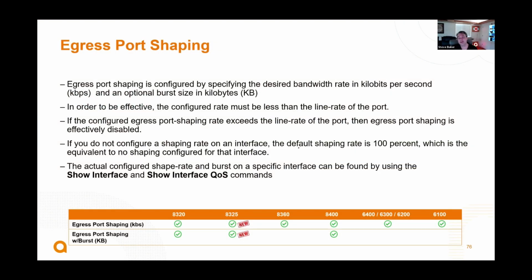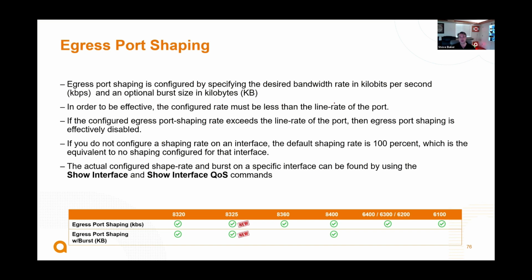Looking at the details on configuring it, it already exists on the 8320, the 8360, the 8400, as well as the 6000 series, but we've added it to the 8325 now. It's configured by specifying the desired bandwidth rate in kilobits per second, and you can see here a few of the models.